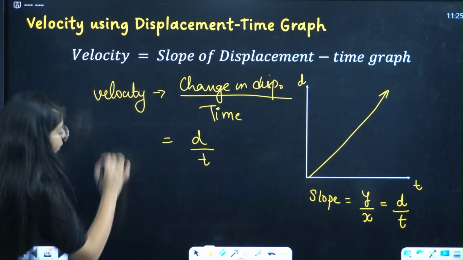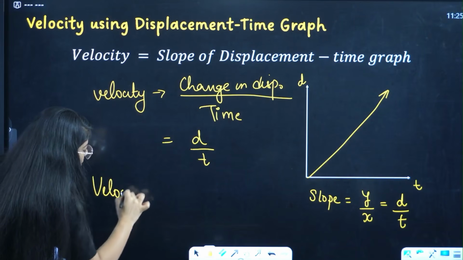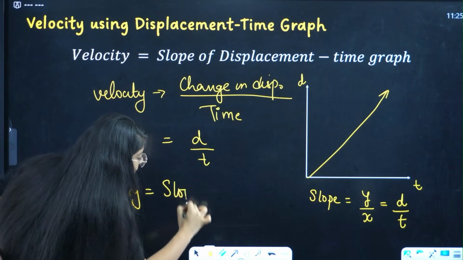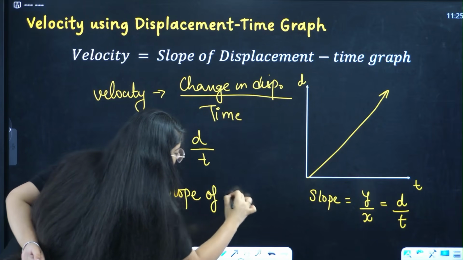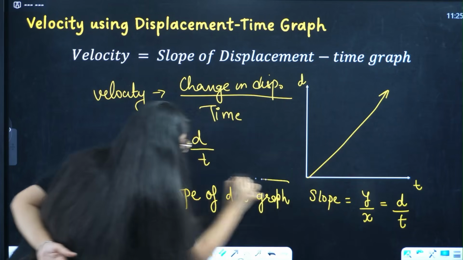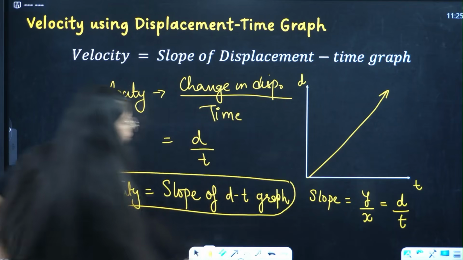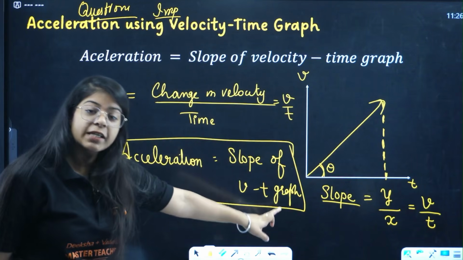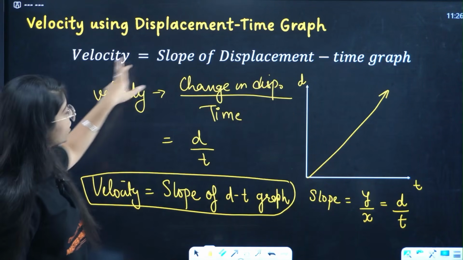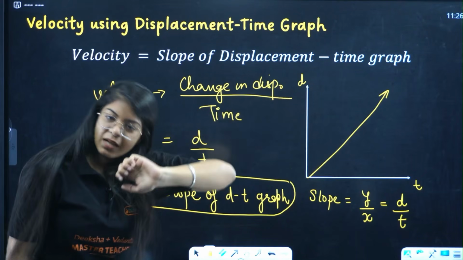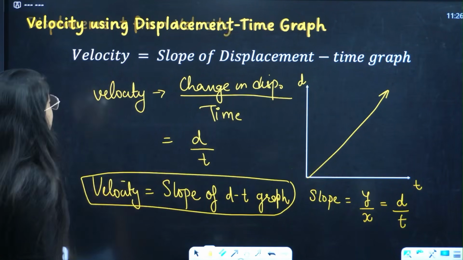So velocity will be equal to slope of the displacement time graph. Understood? Similar to acceleration being the slope of the velocity time graph, velocity is equal to slope of the displacement time graph. Understood? Okay, let's move on.